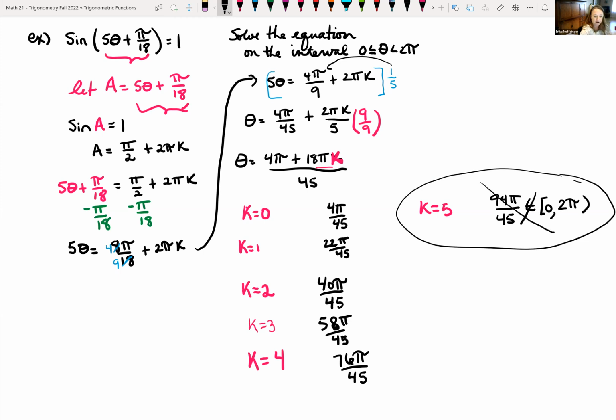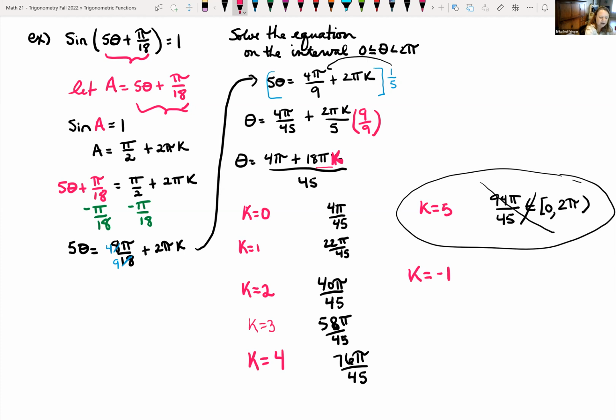And we don't have to go further with the integers greater than 5, because they would all fall out of that interval between 0 and 2 pi. We should look at, again, sometimes the negative integer could get us a value that falls in that interval. But I see that if I plug in -1, that's negative 18 pi.